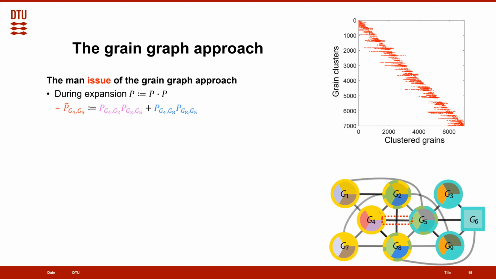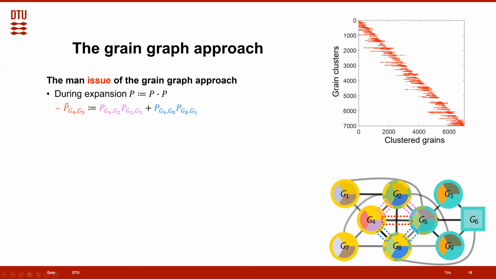This happened during expansion. And what happened is that during expansion, there was no, let's say, direct probability for G4, G5, but we then basically took the probability for G2, G4, G2, G5, and summed or added that to the probability for G4, G8, G4, G5, so that's the extension of the probabilities, and then calculate a new probability for G4 and G5.